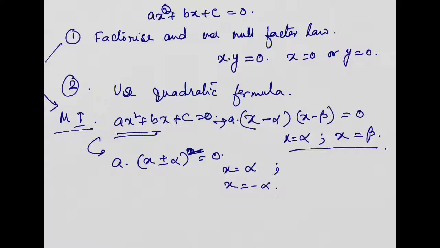Then we have two identical roots, meaning one solution for x. This means the quadratic curve just touches the x axis at one point. Here it intersects at 2 points, alpha and beta. Here the x axis is touched at only 1 point.